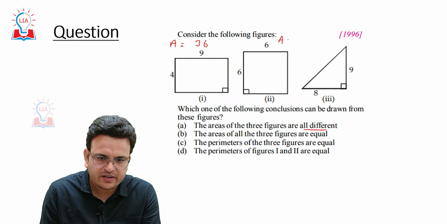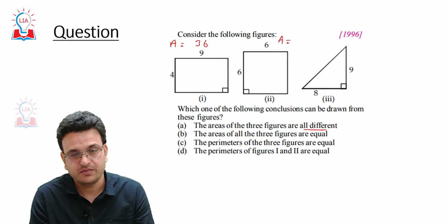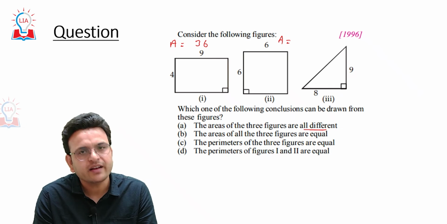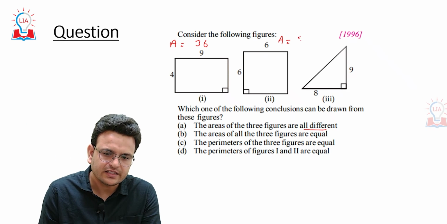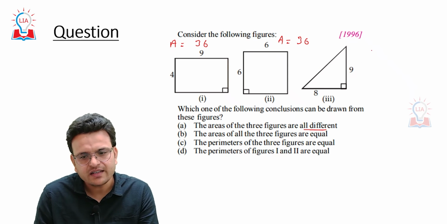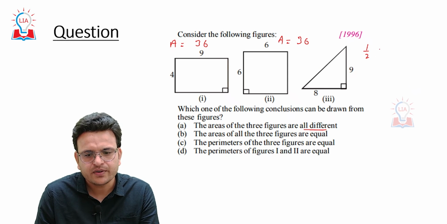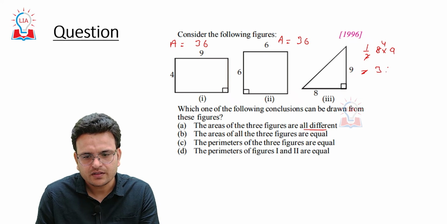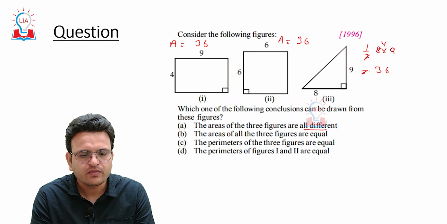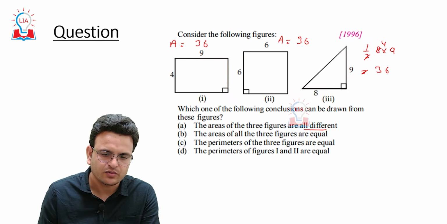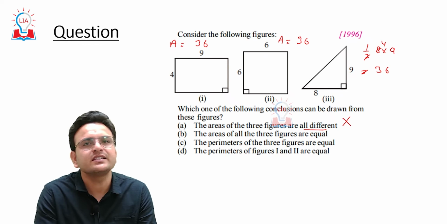The area of this figure: this is a square, so the area will be 36. Here in the triangle, the area will be half base into height, so it becomes 36. So the areas of the three figures are not different, so the first statement is incorrect.